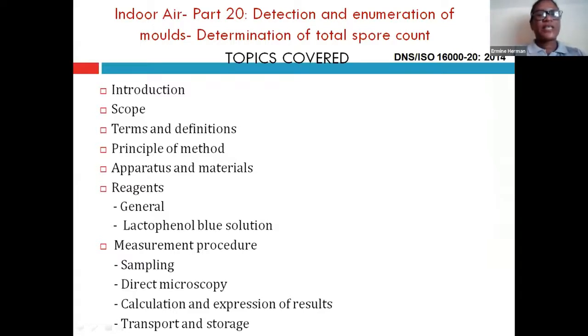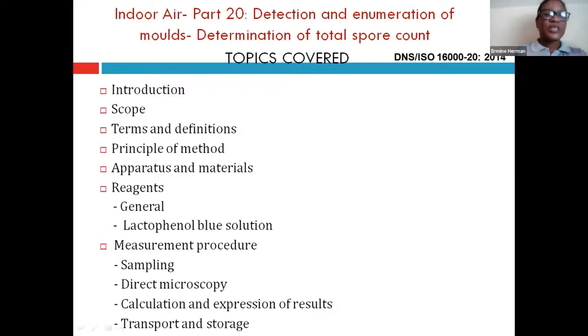For the detection and enumeration of molds, this standard looks at the introduction, the scope, terms and definitions, principle of the method, the apparatus to be used and the materials to be tested, the reagents, and one of the main reagents when you do a total spore count is lactophenol blue solution via direct microscopy.